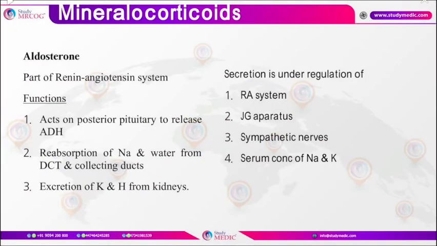Talking about mineralocorticoids, which include aldosterone, a very important part of the renin-angiotensin system, the function of aldosterone is that it acts on the posterior pituitary to release the antidiuretic hormone. It also causes the reabsorption of sodium and water from the distal convoluted tubules and the collecting ducts of the kidney.